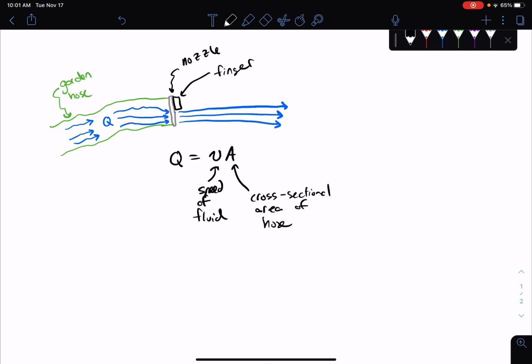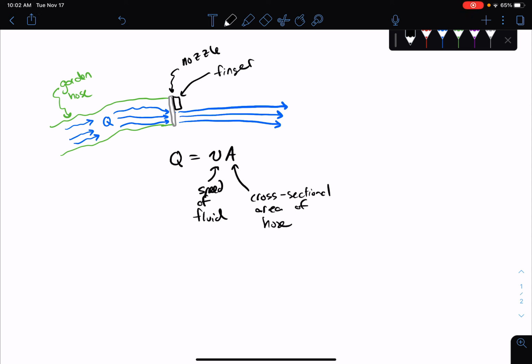Okay, so now the idea here is that since our fluid isn't compressible, it doesn't matter whether the nozzle is blocked or not. You've got the same flow rate. That is, you've got the same volume of water that is approaching the end of the hose at all times, whether the end of the hose is blocked or not.